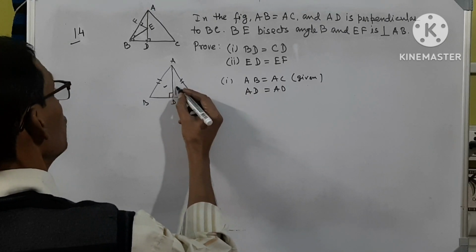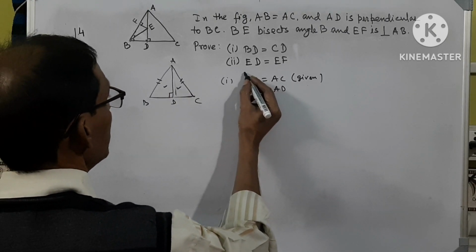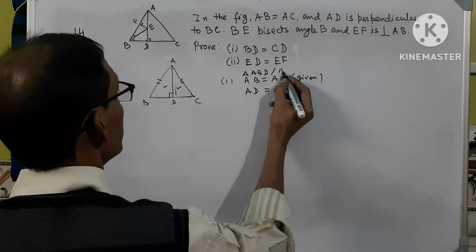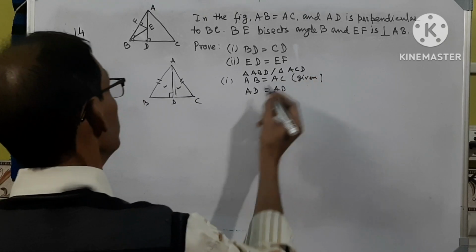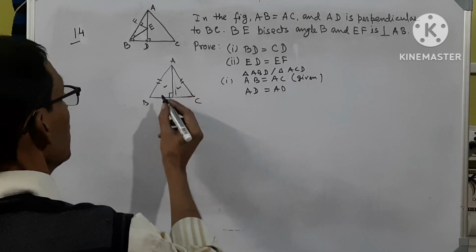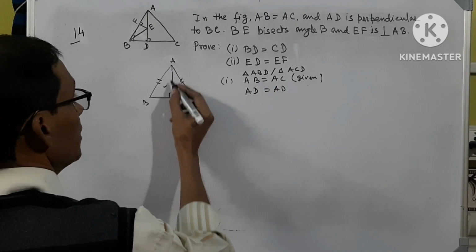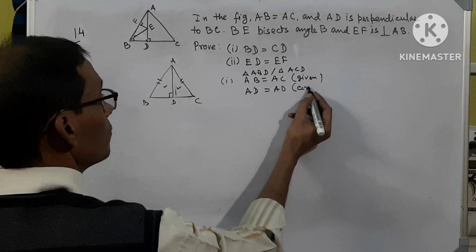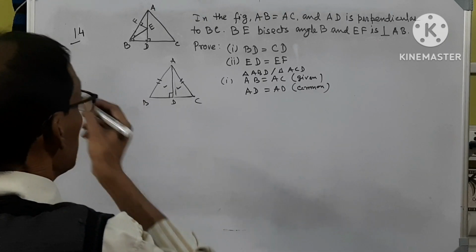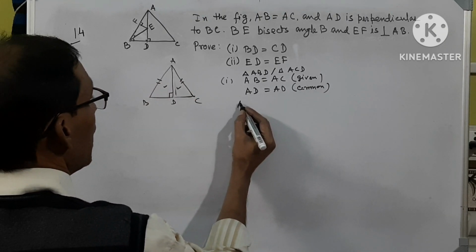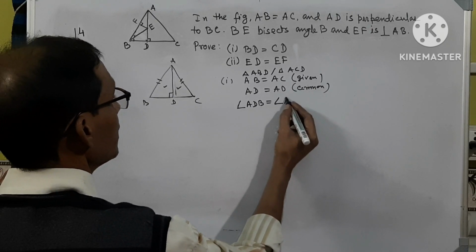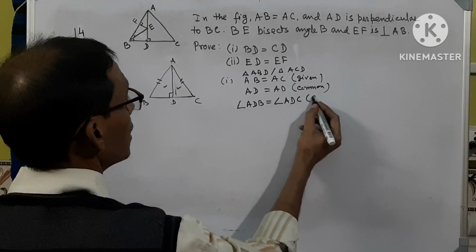In triangle ABD and triangle ACD, AB and AC are equal, and AD is common. Angle ADB and angle ADC are both 90 degrees.